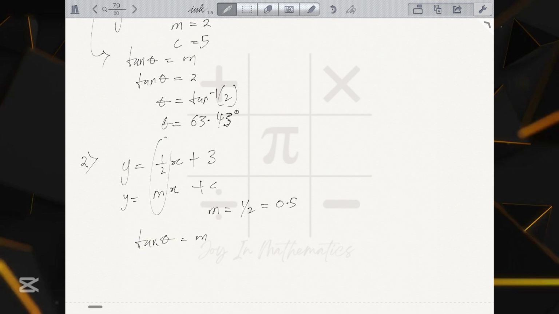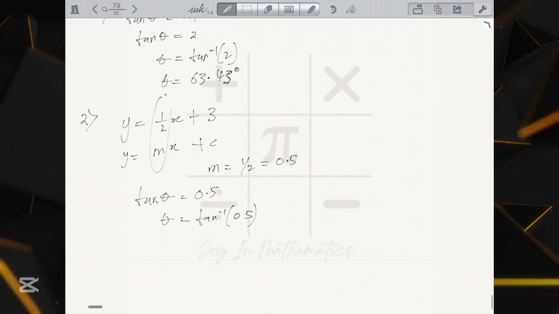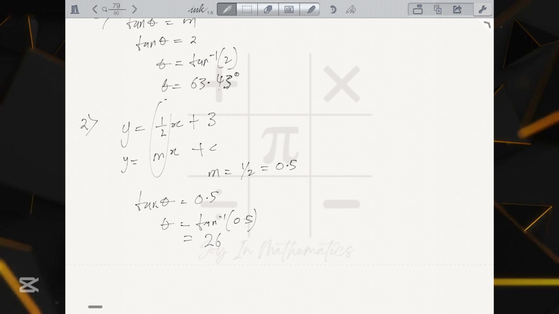So the angle the line y equals 1 over 2x plus 3 makes with the x-axis is arc tan of m, which is 0.5, so it will be arc tan 0.5, and arc tan 0.5 is equal to 26.57 degrees. So we can see how easy it is.